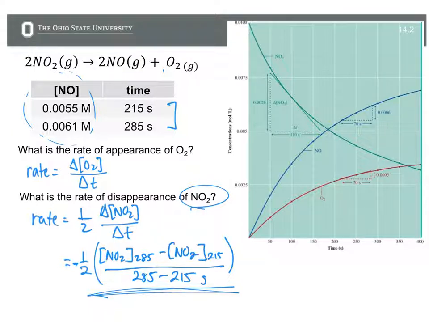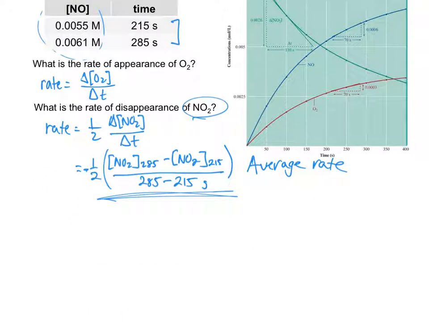And what I want you to see here is that this is actually an average rate. It's an average over this time, 215 seconds to 285 seconds. This is different than what's called the instantaneous rate, which we will be looking at later.